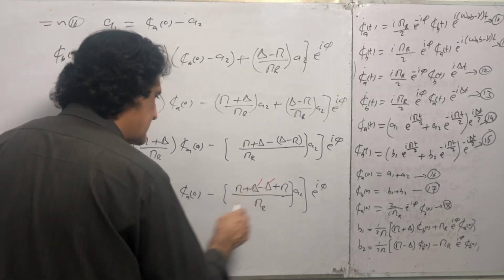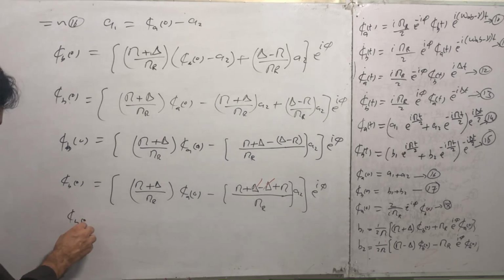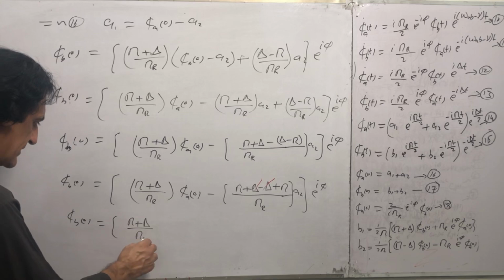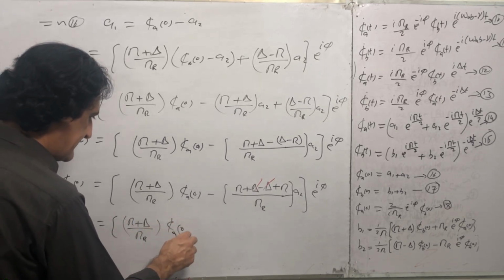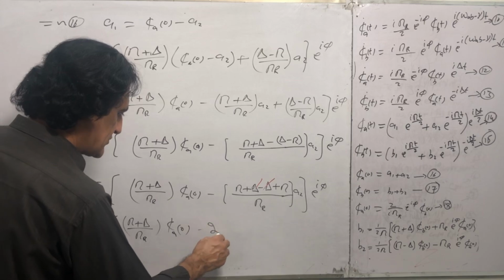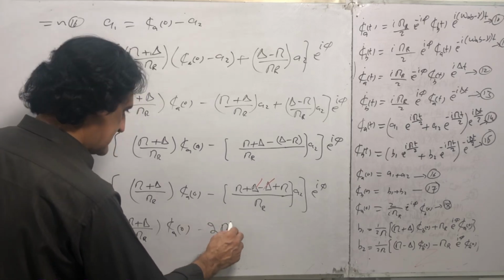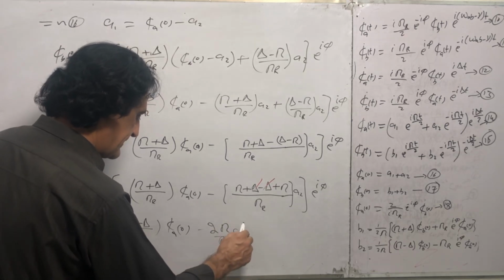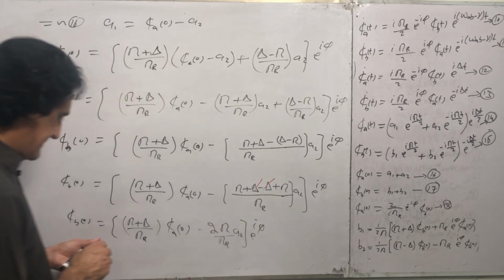This delta can be cancelled out and CB of 0 is equal to omega plus delta over omega r CA of 0 minus 2 omega divided by omega r and A2 and e to the power iota phi.